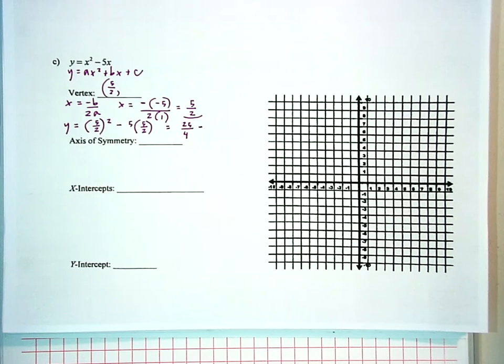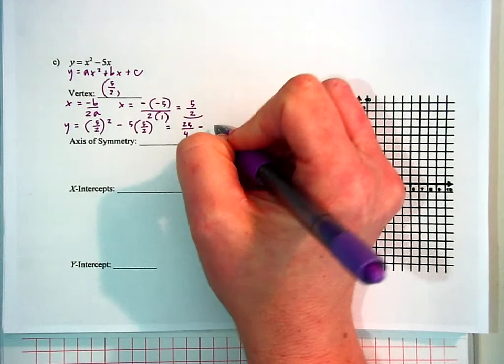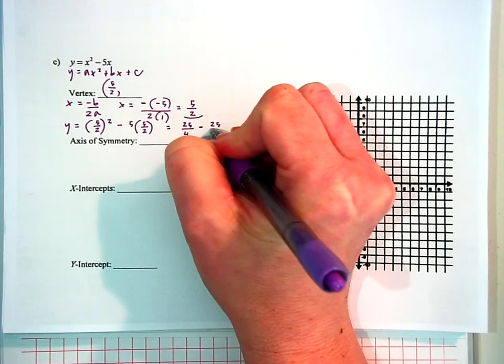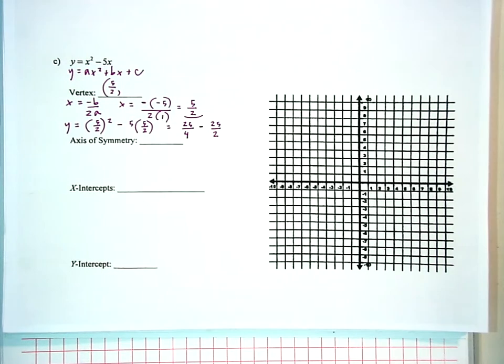Okay, and then over here, we're looking at negative 5 times 5 over 2. So here we get 25 over 2. Okay, so we have 25 fourths minus 25 halves.